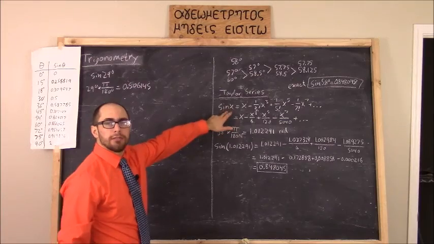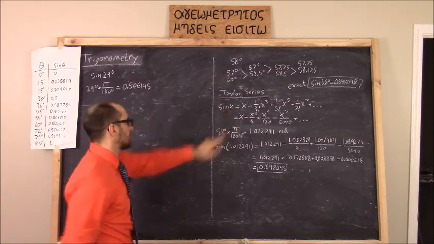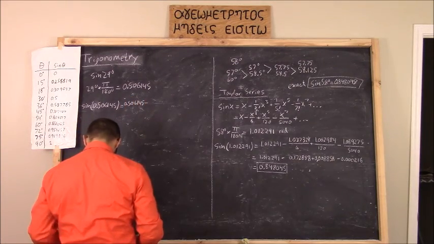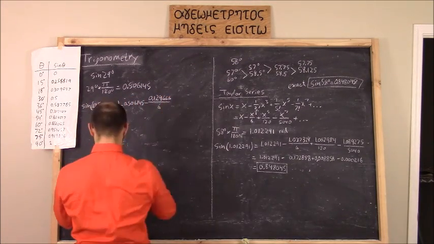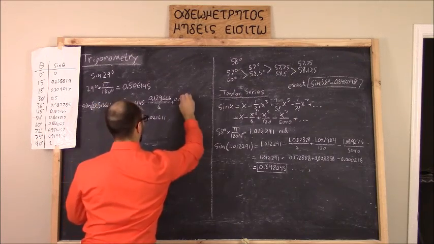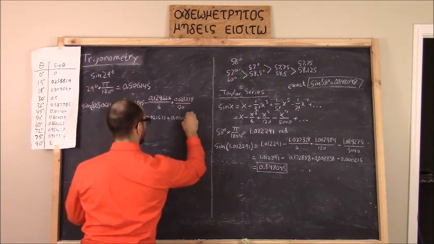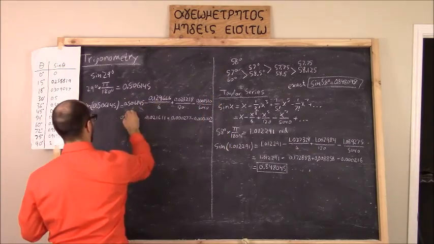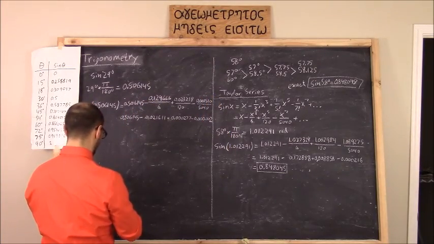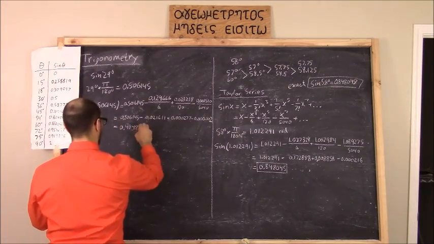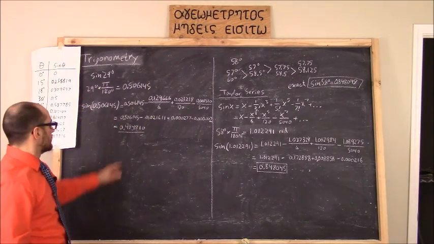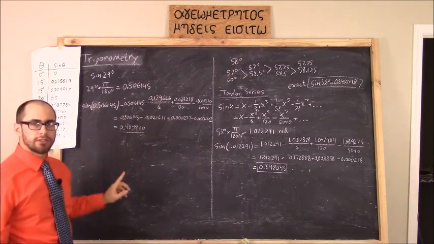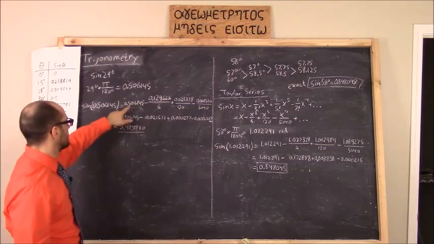Same thing, I'll plug it into my Taylor series expansion for sine. So I'm getting 0.484810.